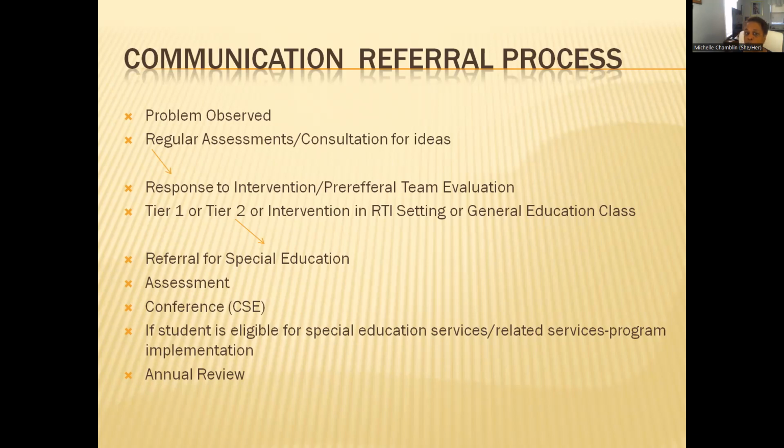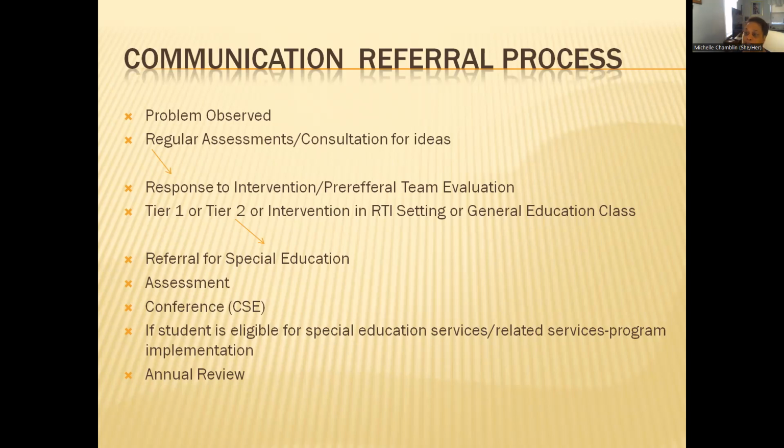So understanding what's appropriate and what's not appropriate. But you might talk to other teachers, you might even talk to a special education teacher, and you try something and it helps. And so it stops there.